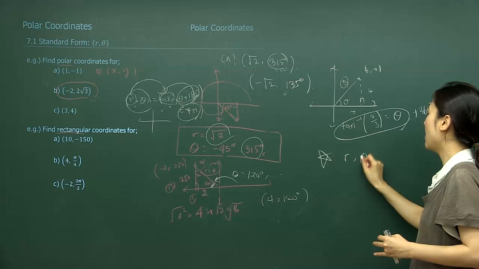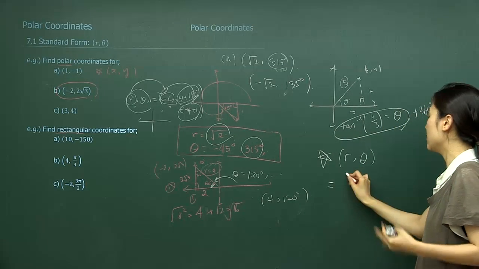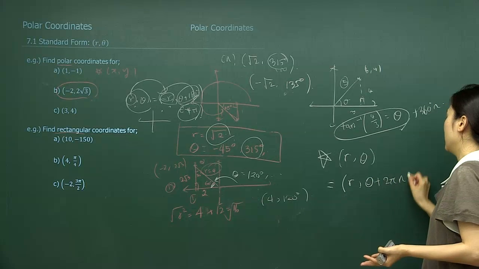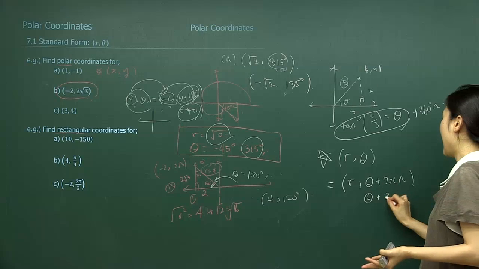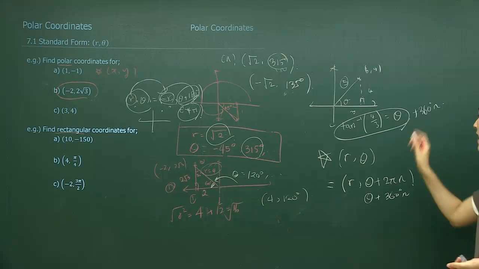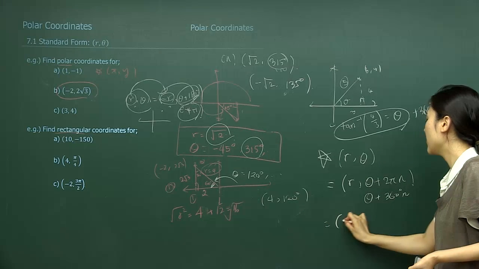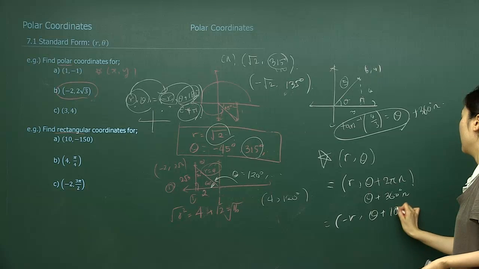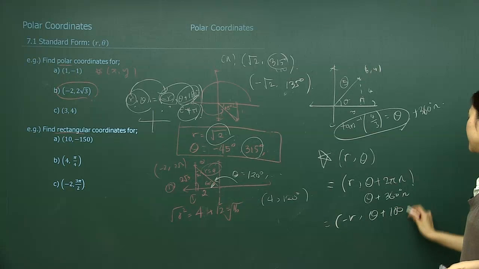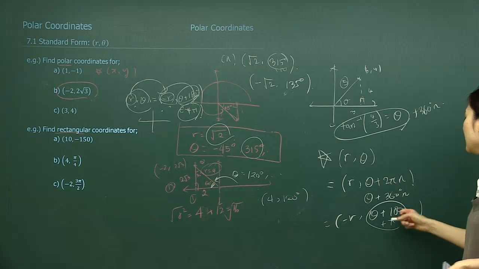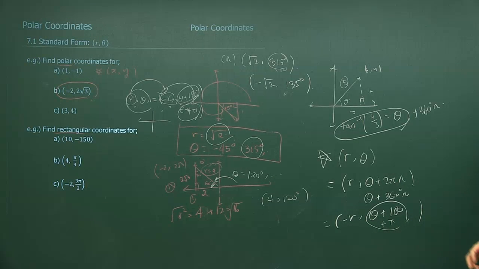If you are given r and theta, it's the same thing. You may rewrite this by adding any multiples of 360 degrees or 2 pi radians, as well as converting r into negative r, which will give you 180 or pi, and again, any number of coterminal angles of that too.